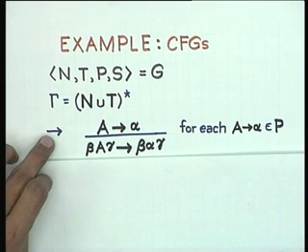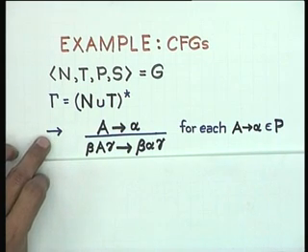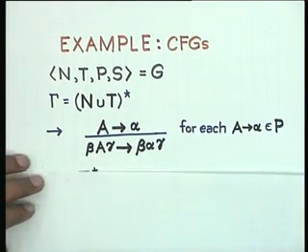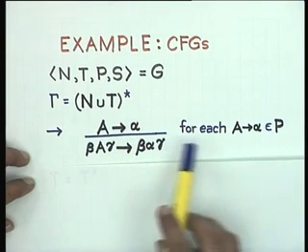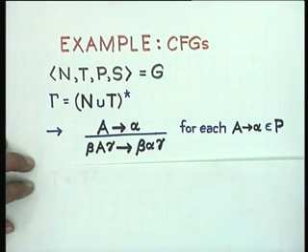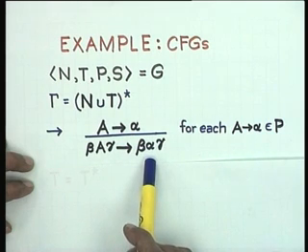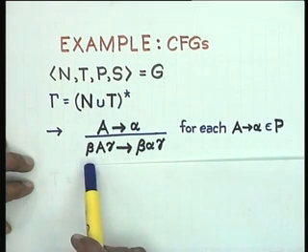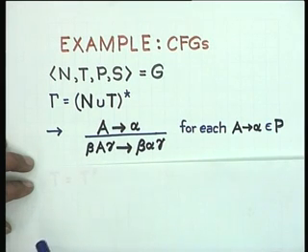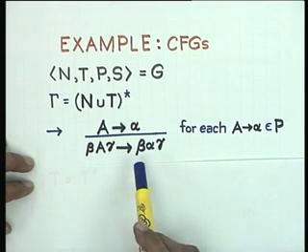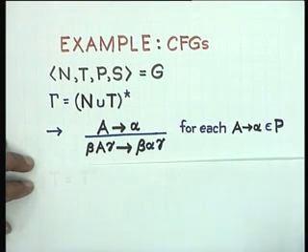The transition relation in the transition system is just defined as follows: for each production of the form A can be replaced by alpha in the production set, you have the rule that for any two strings beta and gamma, beta A gamma can become beta alpha gamma.